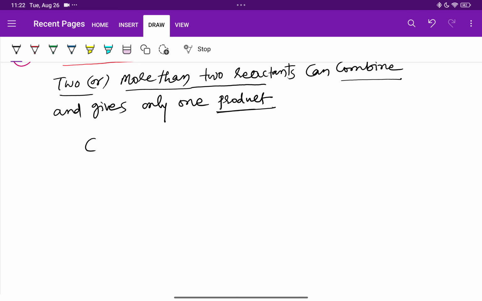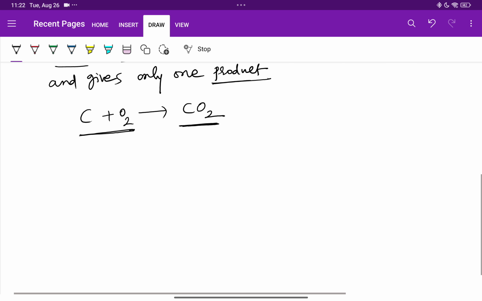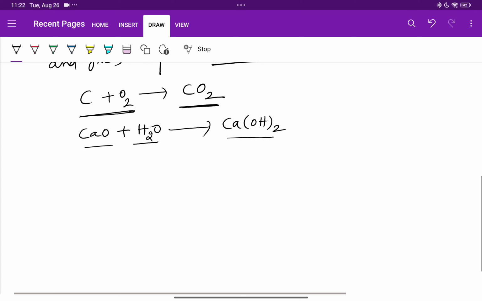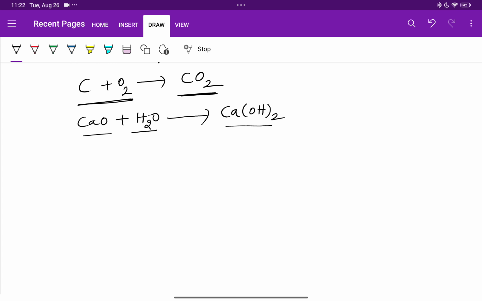Example, very familiar. Since 6th class we have been learning C plus O2 gives CO2. So two reactants on the left side and one product on the right side. Then the second one is CaO plus H2O, calcium oxide plus water, gives calcium hydroxide. So two reactants combine and we are getting only one product. And I told you in the definition, either two reactants or more than two reactants. So what is the best example?